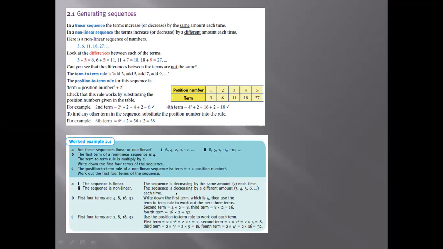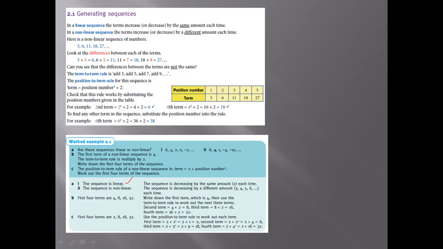Sorry, for the second one, the first one is exactly a linear sequence. Okay, and the second sequence is 8. The first term is 8, and the second term is 5. Between 8 and 5, we have minus 3.